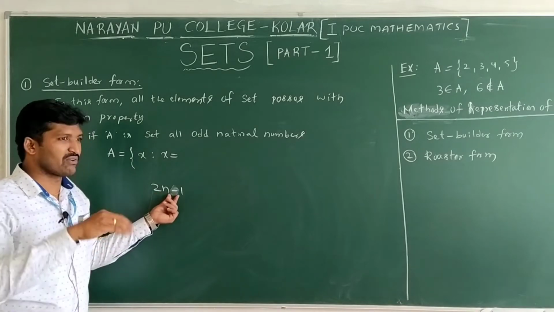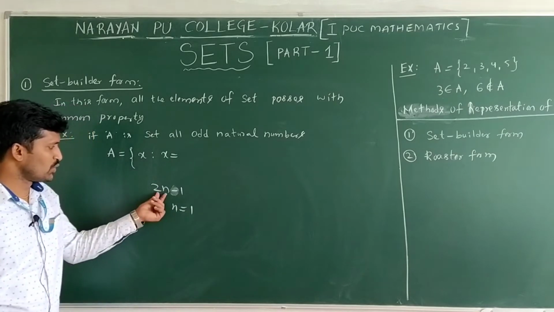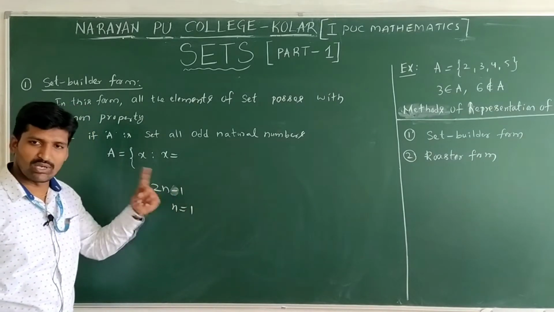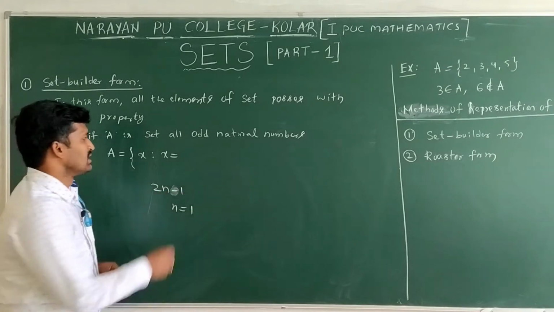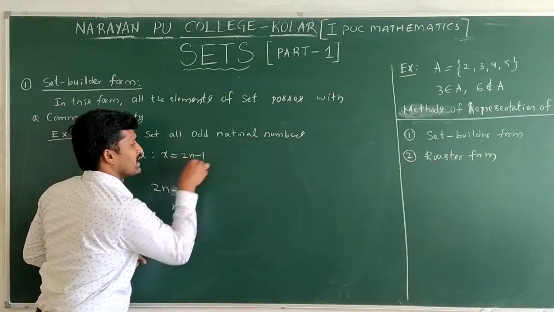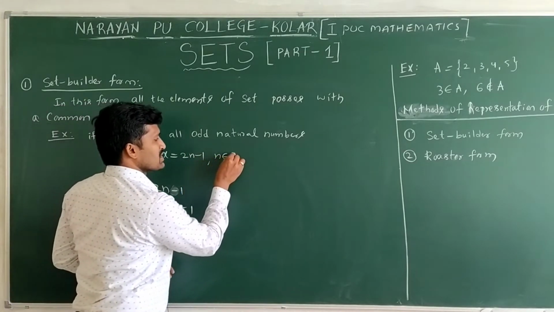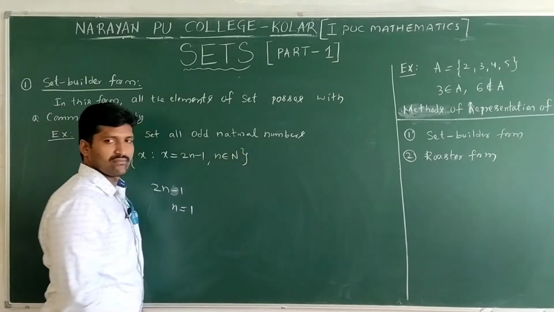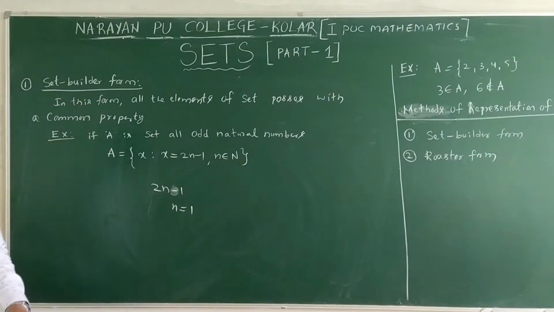If you take plus, you get from 3 onwards. First n equals 1, what will you get? 2 into 1, 2 minus 1, 1 you will get. If you take 2, 2 2s are 4 minus 1, 3 you will get. So the common property I am taking here is x equals 2n minus 1 where n belongs to capital N, the set of natural numbers.